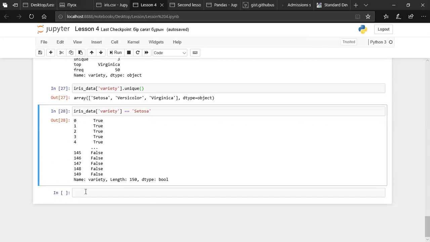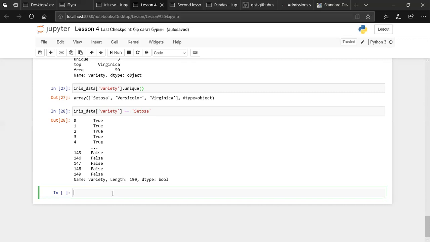It shows true where setosa is, and shows false where it's not setosa. You got it. So instead of this, you can just write anything like true.